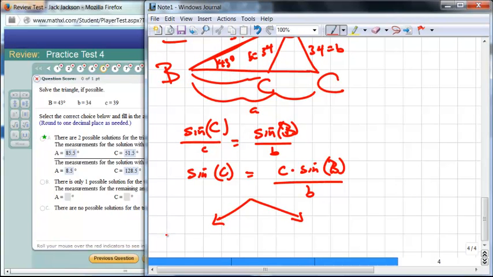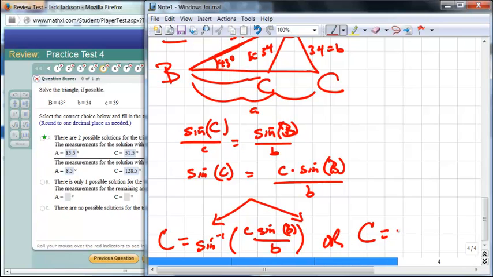Now this is where you have to look at the two possibilities. One possibility is that C is the arc sine, inverse sine of this. Or C could be, well, they're using degrees, so I'll use degrees, 180 degrees minus, let me call this C1, 180 degrees minus what I got for C1.